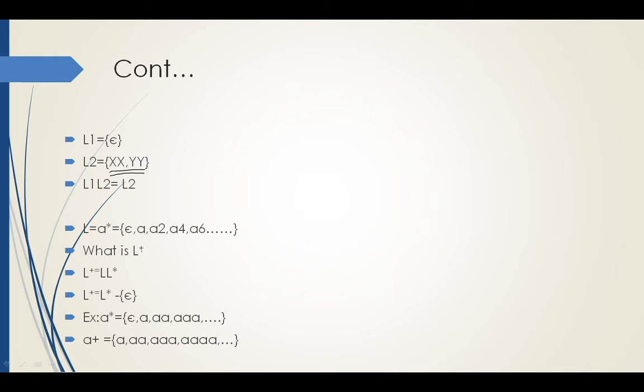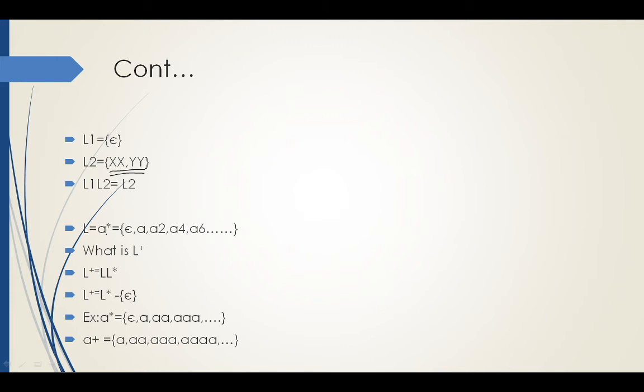Then what is L plus? This is called the Kleene positive. Here the alphabet belonging to the language should occur at least one time. So L star minus epsilon is nothing but L plus.